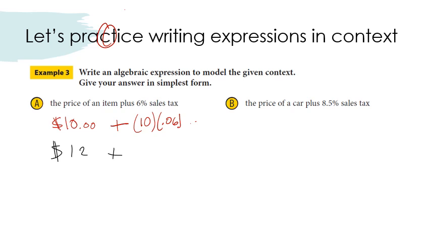Once again, $12 is the original price. I'm going to have to find the 6% of $12 and add it onto my original price. So I'm going to take the original price of 12 and multiply that by 0.06, and you'll get your answer.